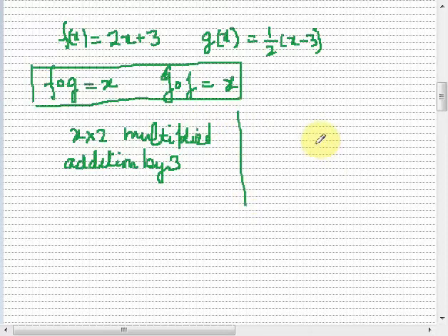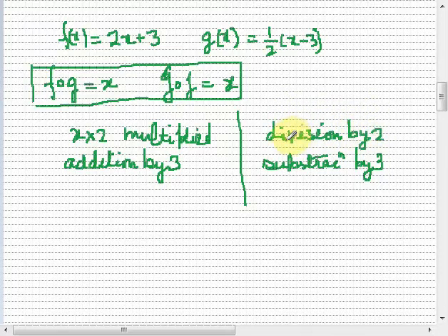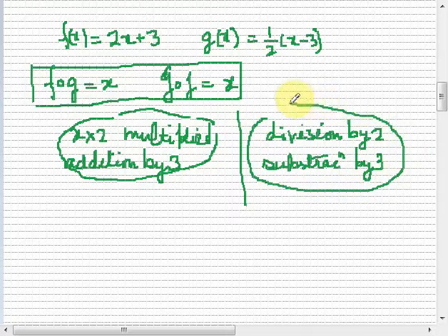In gx, what we have done is subtraction by 3 and division by 2. So what is the inverse function doing? It is replacing addition by subtraction and multiplication by division and vice versa. Right? So this is the basic meaning of inverse.